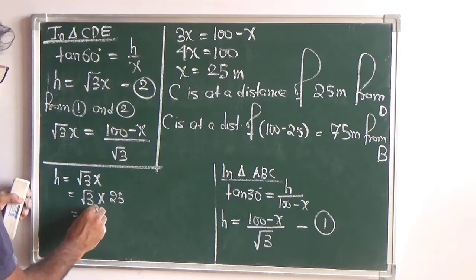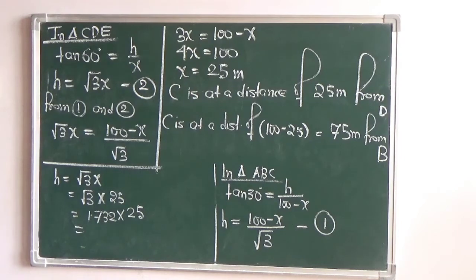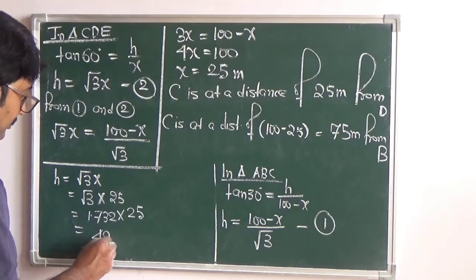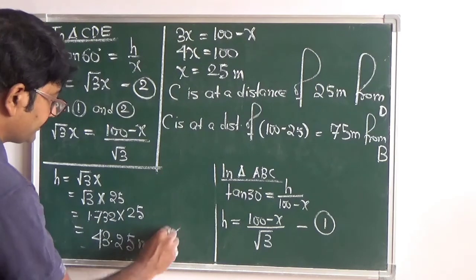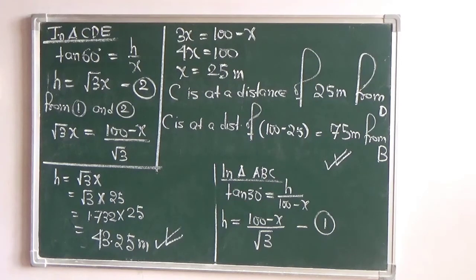So this is 1.732 into 25, which comes to 43.25 meters. So this is the position of the point C in between the two pillars on the road, and this is the height of the two pillars, which are the same according to the question.